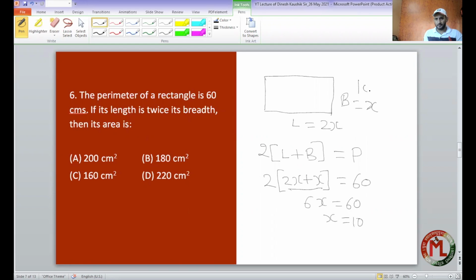So breadth is 10 and length is 20. These values we got. Then what is its area? Find its area. Area is equal to length into breadth. So 20 into 10. It is 200. Okay, my dear.